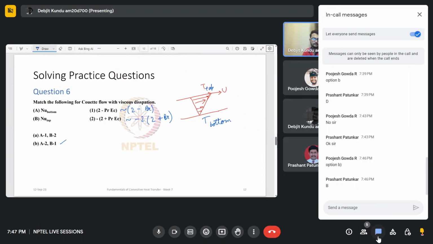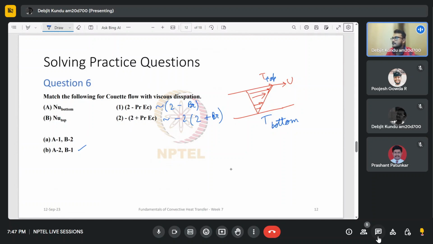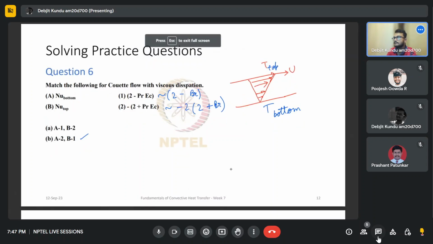Okay, so we have two responses in favor of option B saying it's A2 B1.